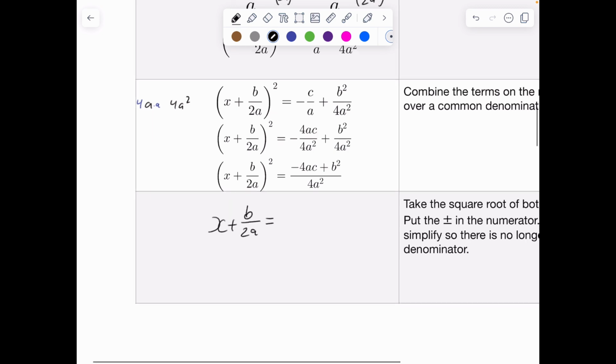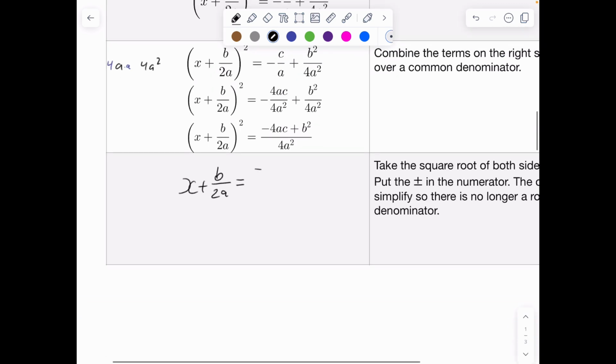Now, we said we'd put the plus or minus in the numerator times the square root of negative 4ac plus b squared. The square root of 4 is 2, and the square root of a squared is a.